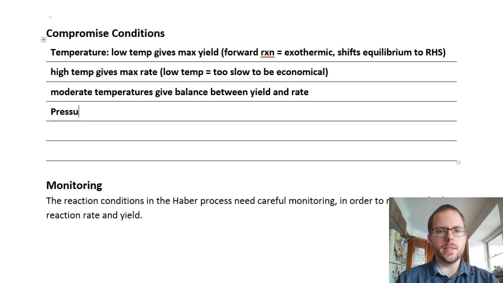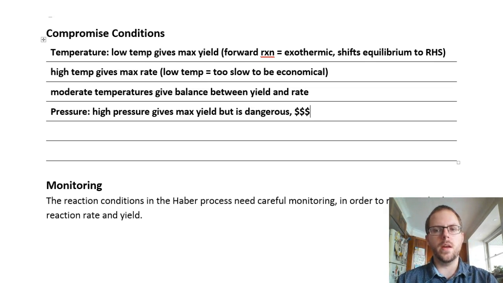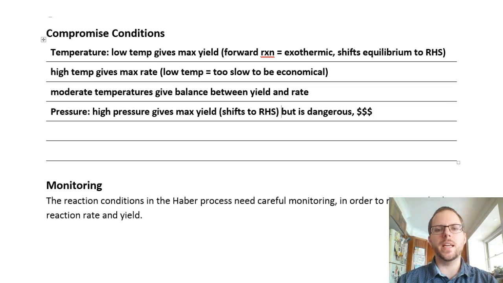Then let's look at it in terms of pressure. We know that high pressure gives the maximum yield, because we're shifting the equilibrium to the right-hand side. But maintaining high pressure is dangerous and costly.